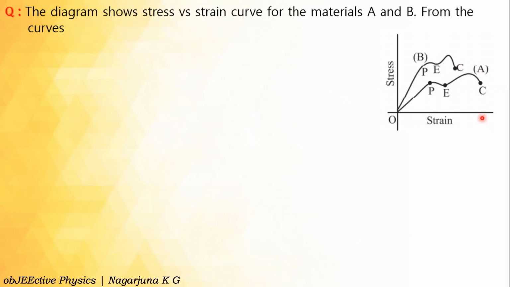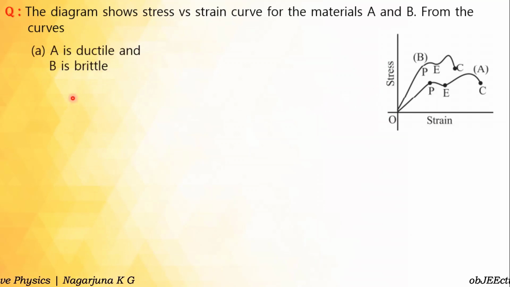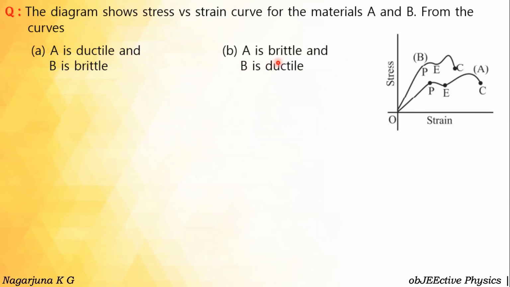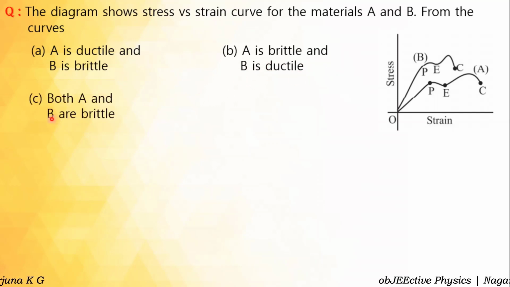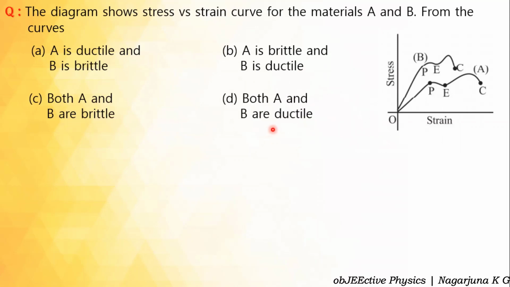Strain is given along x direction, stress is given along y direction. Options. Option A. A is ductile and B is brittle. Option B. A is brittle and B is ductile. Option C. Both A and B are brittle. Option D. Both A and B are ductile.